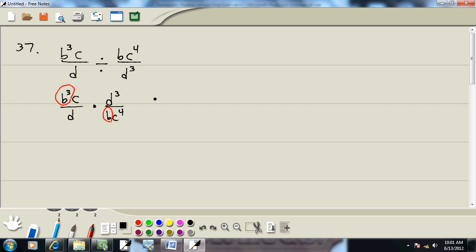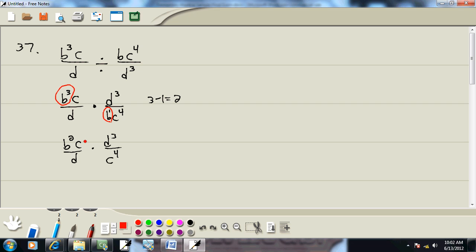You subtract the smaller exponent from the larger one, and if you have b here, it's like b to the first. So I'll take 3 minus 1, and that gives me 2. And we're going to have b to that power where our larger exponent was, which was right on top. So I'm going to have a b squared here, and that b is going to disappear completely.